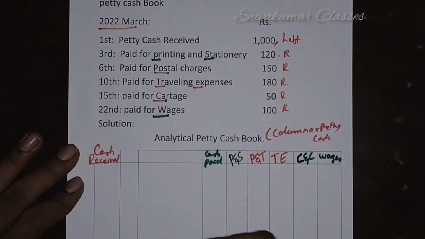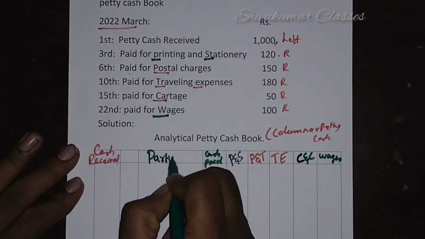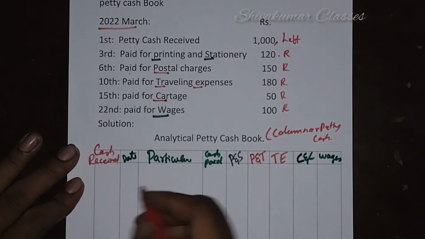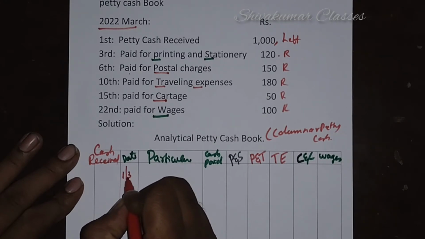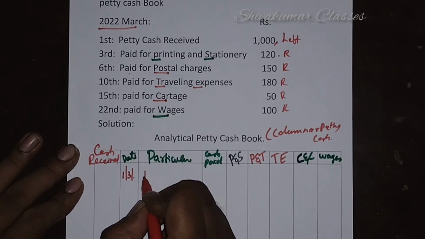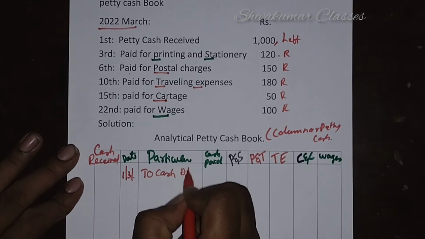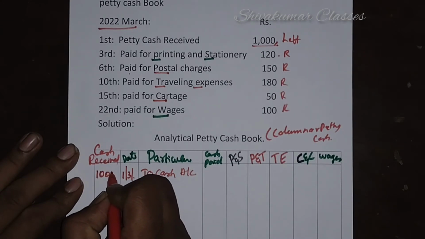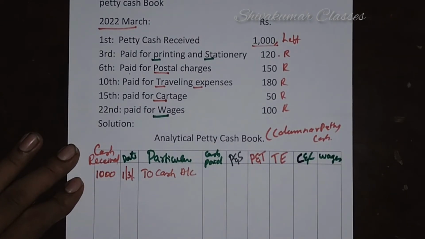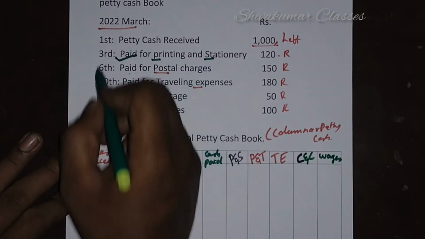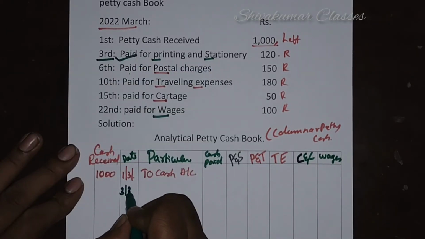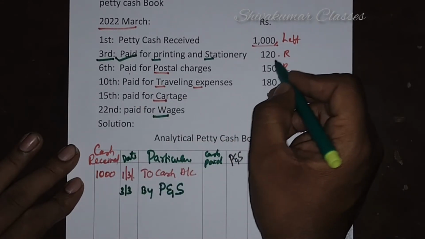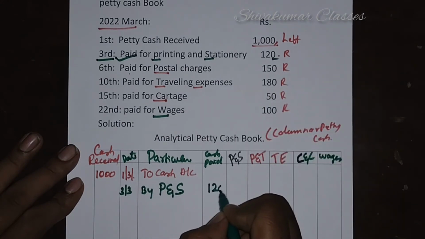Now the very first thing: I should write particulars and date. On 1st March, cash received from the cash account, the amount received is rupees 1000, which I write on the left hand side. Next, on 3rd March, paid for printing and stationery, the amount is rupees 120.